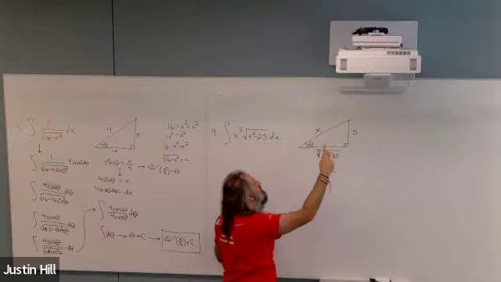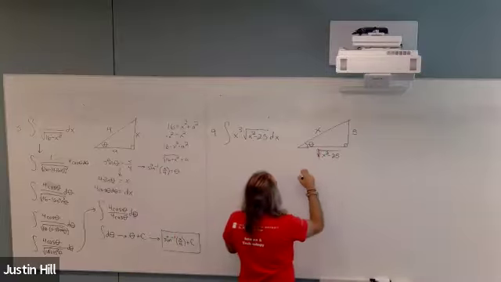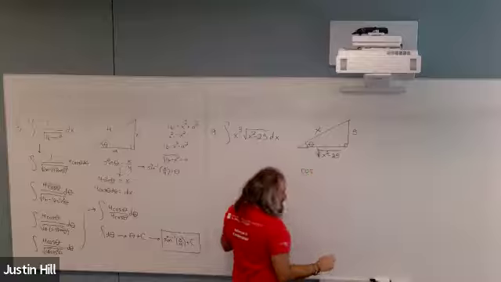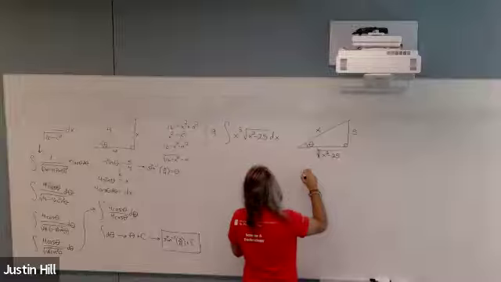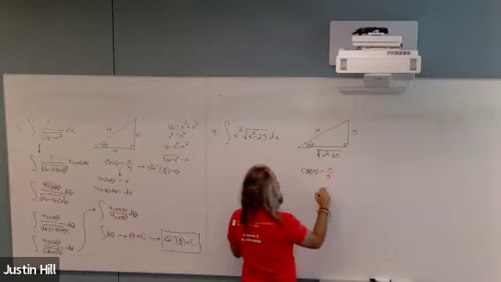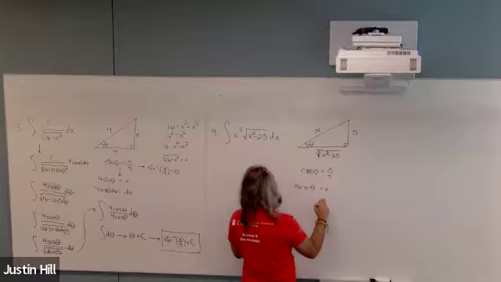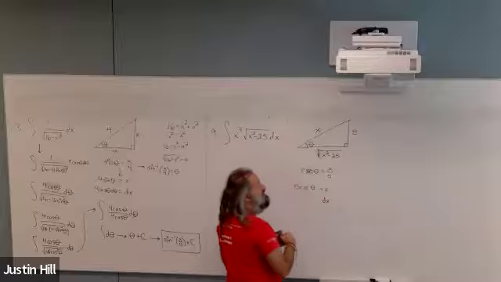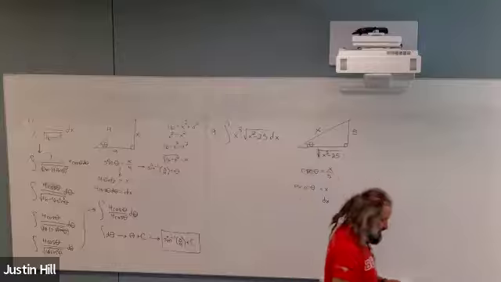That's the reciprocal, the cosecant. So I would say here that cosecant of theta equals x over 5, which means that x equals 5 cosecant theta. If that's x, what is dx? What is the derivative of 5 cosecant theta?